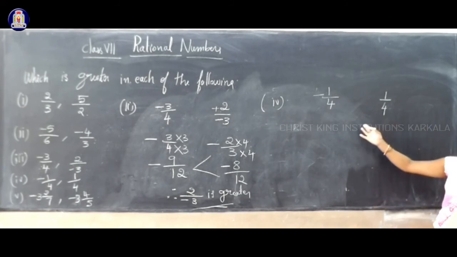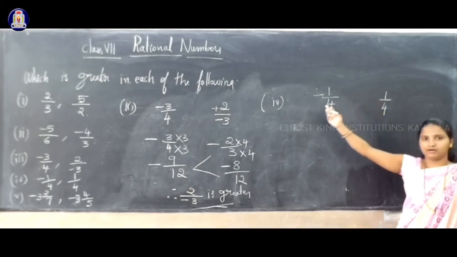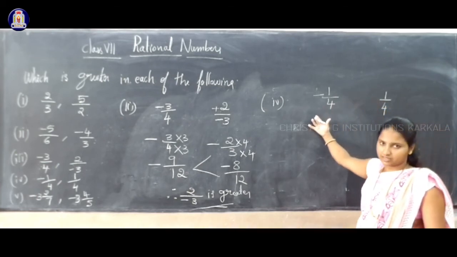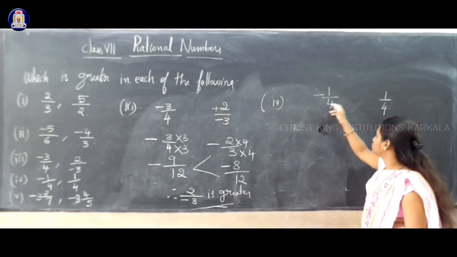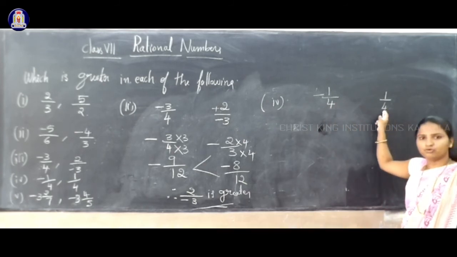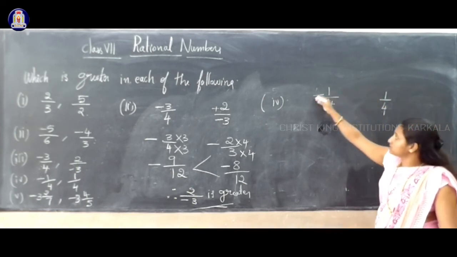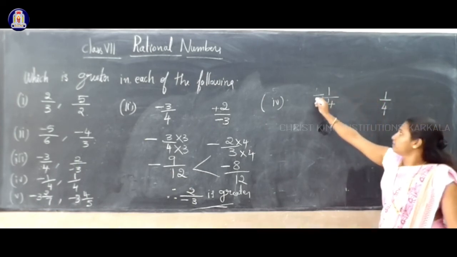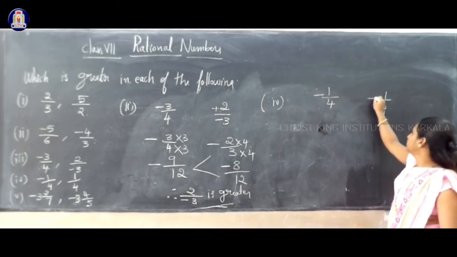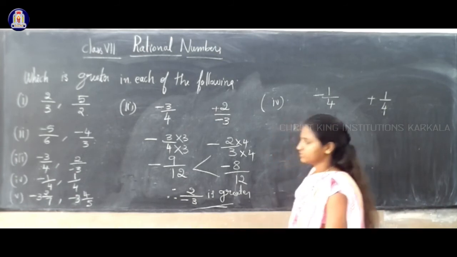This directly we can say which is greater and which is smaller, because one is a positive rational number and another one is a negative rational number. The denominator is also the same: here 4, there also 4. Same denominator, but the sign is different, plus and minus, correct? This is a negative rational number. Yes. Minus 1 by 4 and plus 1 by 4.